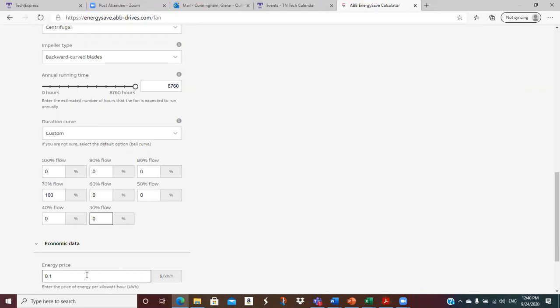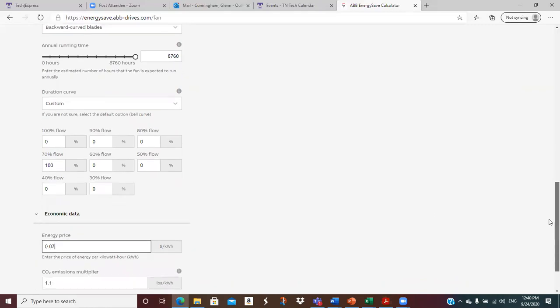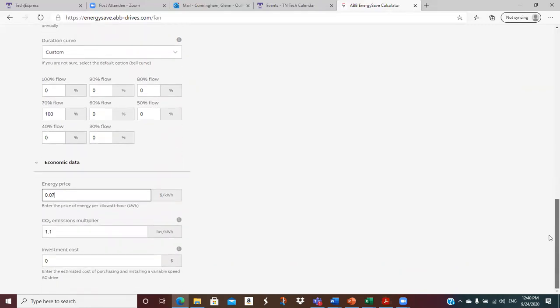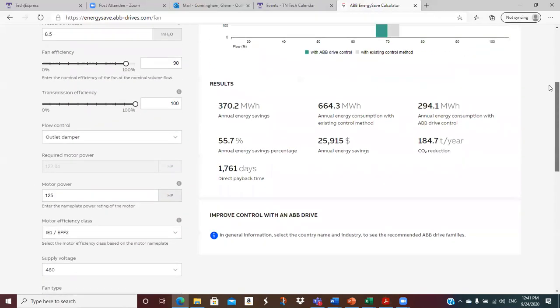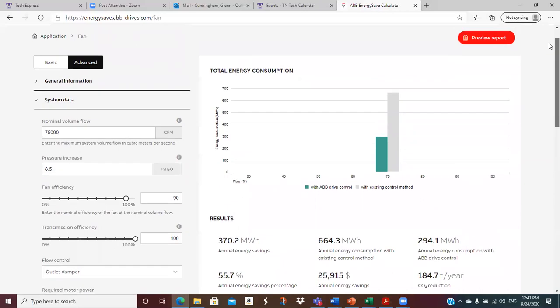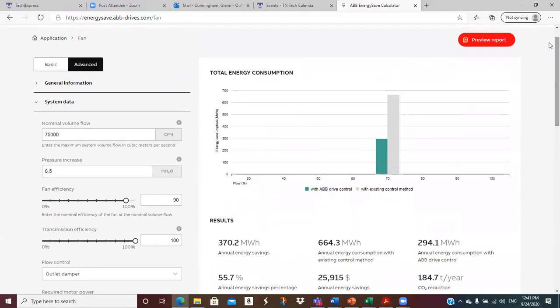Energy price, what are we, 7 cents, I think? CO2 emissions, investment cost. 125,000, okay. There we go. So, with dampers, with VFD.